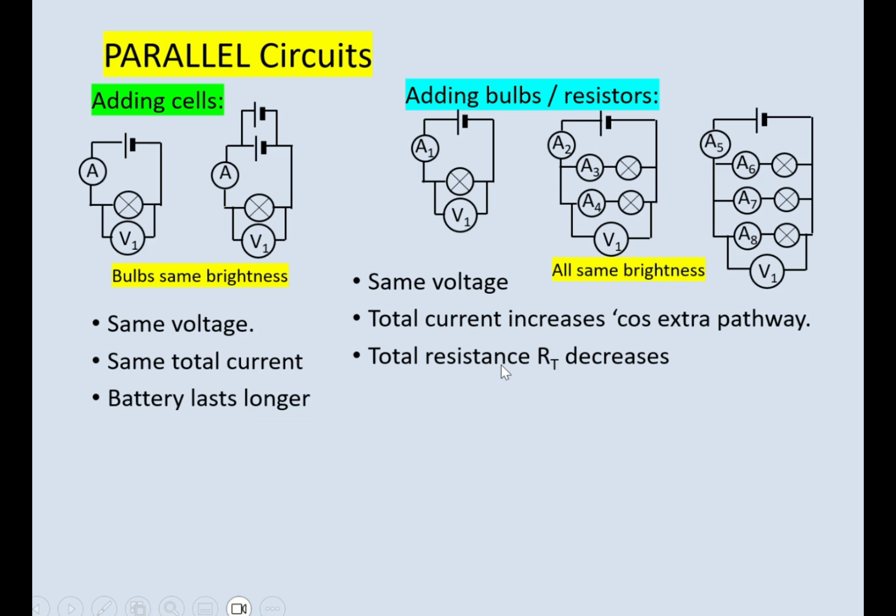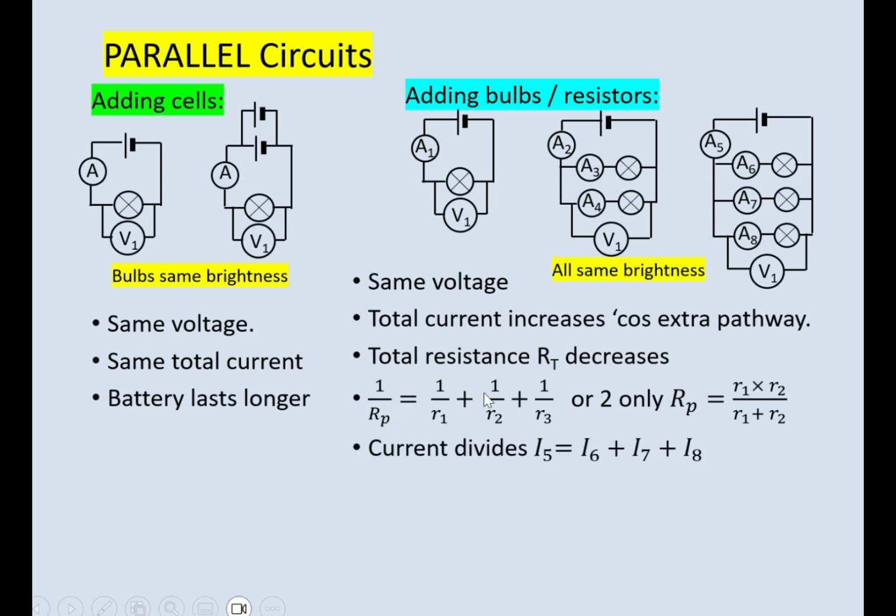The resistance decreases. To calculate the value of the resistance is not as simple as series, where you just add them up. We have these two formulas. 1 upon Rp is 1 upon the one plus 1 upon the other. This will work, and you can just keep adding more in this formula. But if you only have 2, then you can use this as an alternate.